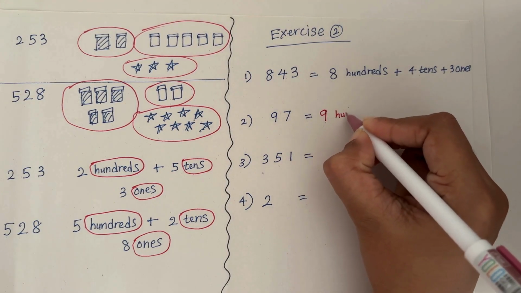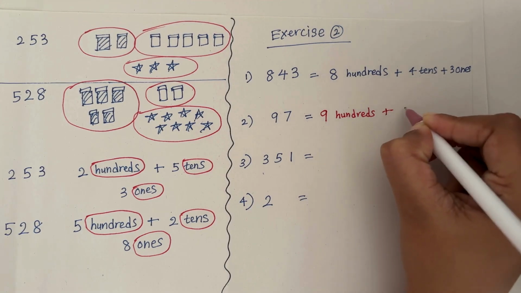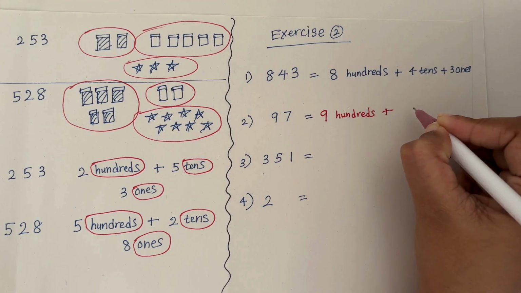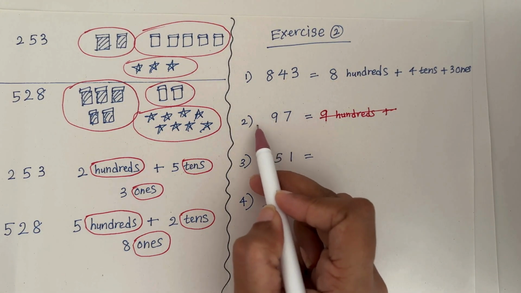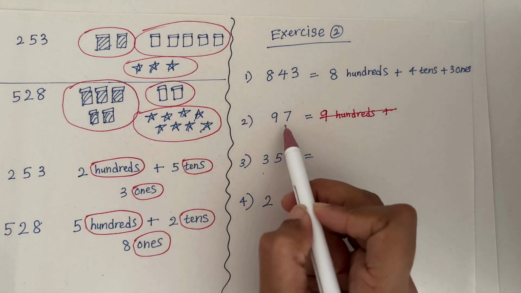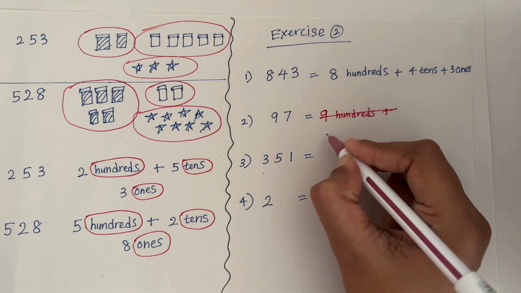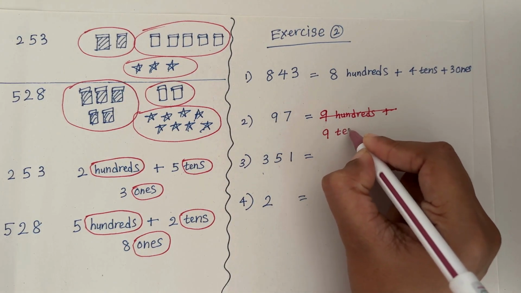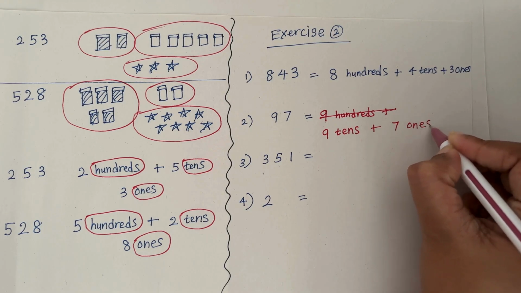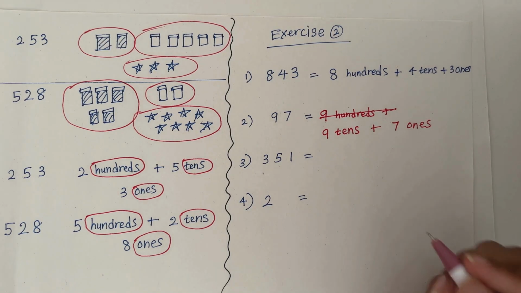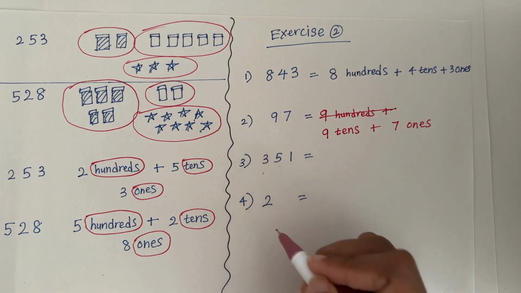9 hundreds. Is it correct? No, it's wrong. Here do we have hundreds? No. Here we have ones and this one is tens. So this is 9 tens and 7 ones. Hope you got this one. Okay, here we have, what are these?